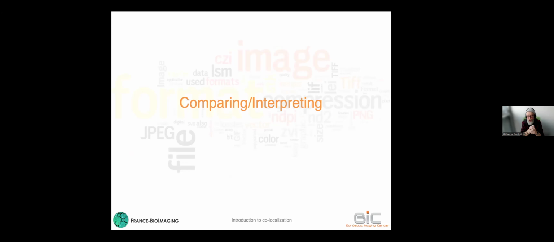Now, comparing, interpreting the data. So you see, if you've got quantifiers, this is quite easy because the reporter has a direct meaning. But if you've got indicators and if you don't have anything to compare it to, well, it might be tricky.